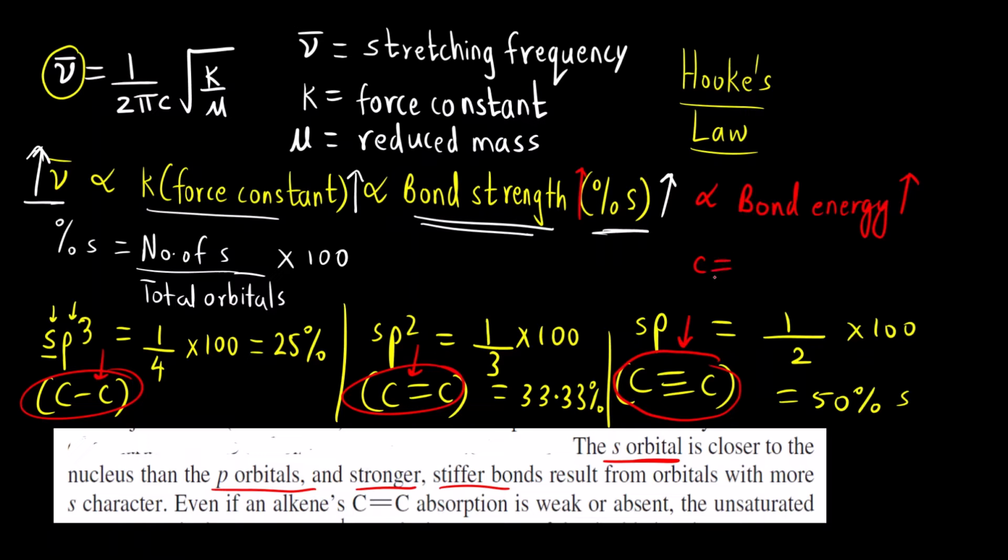So the bond order is carbon carbon triple bond greater than carbon carbon double bond greater than carbon carbon single bond. Here the percentage s character is maximum, 50%, and 3 bonds are present, so bond energy is maximum, so the stretching frequency for this multiple bond will be maximum. In this way we compare the percentage s character to the stretching frequency.